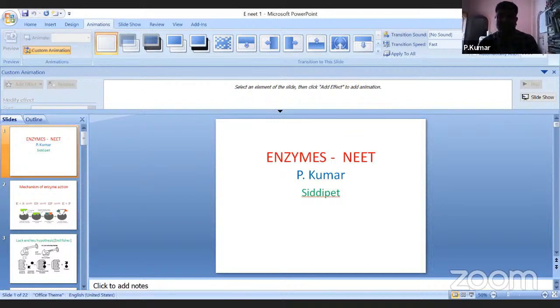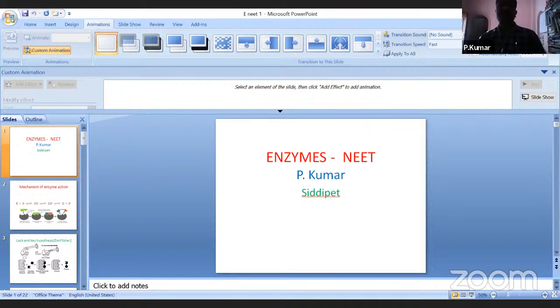In the formation of a new product from the substrate, some bonds in the substrate are broken, and during the formation of the products, new bonds are formed. That is the chemical reaction.